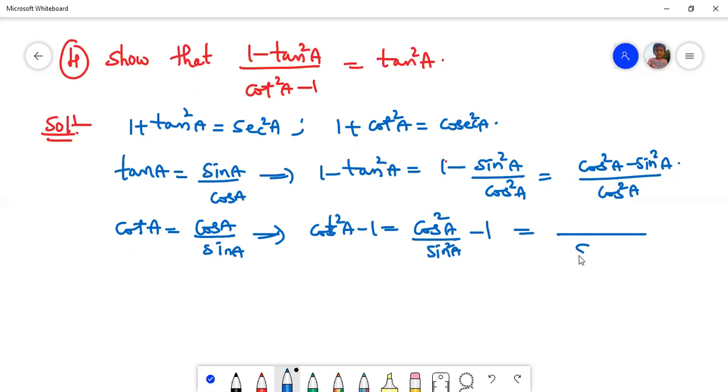Taking the LCM, sin square A, it is cos square A minus sin square A upon sin square A.